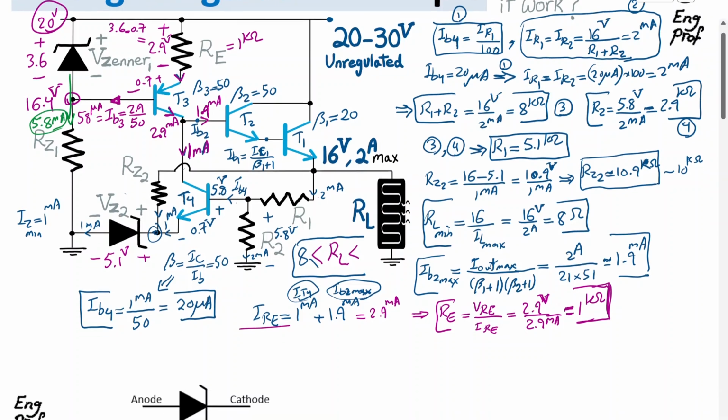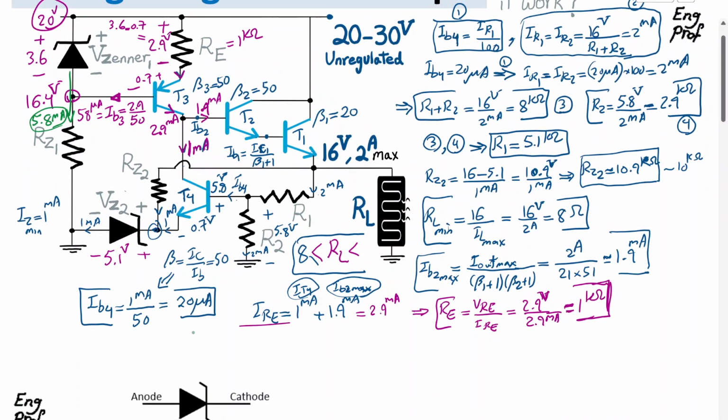So let's set the current IZ1 for the Zener diode Z1 at, say, 6 milliamp, which is good enough practically.